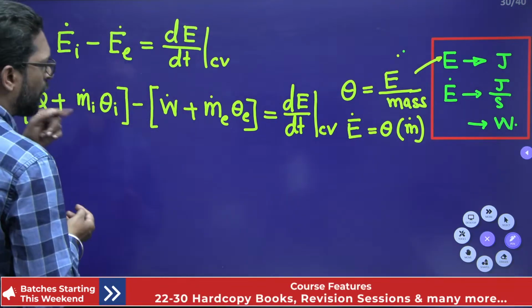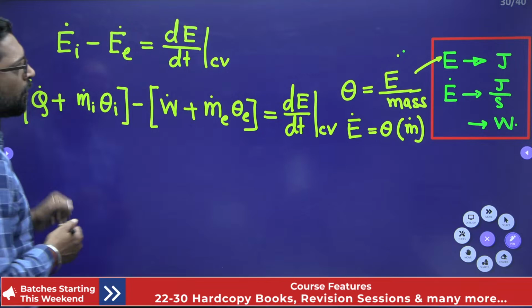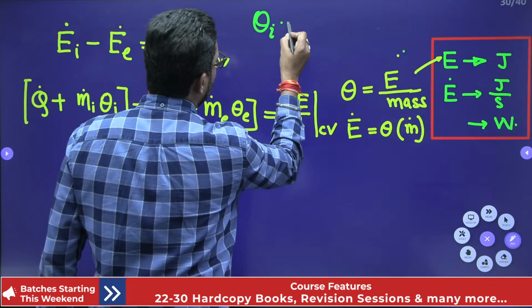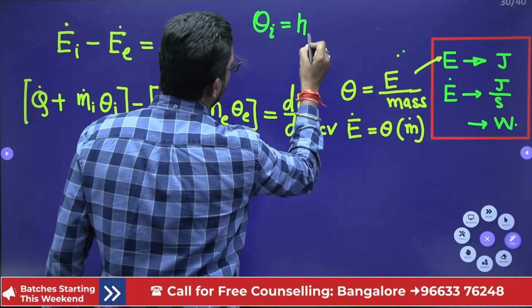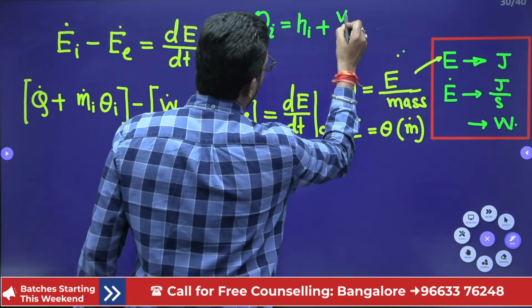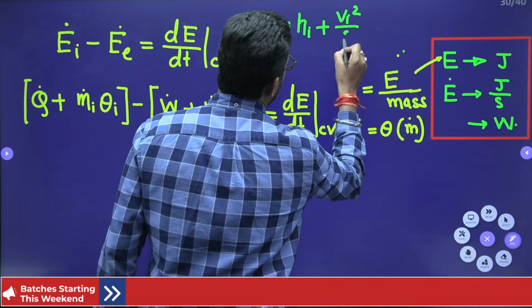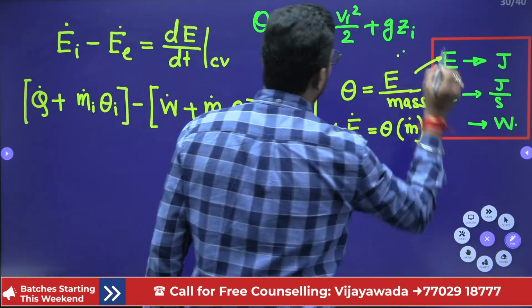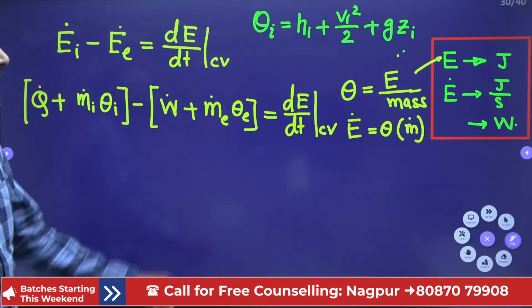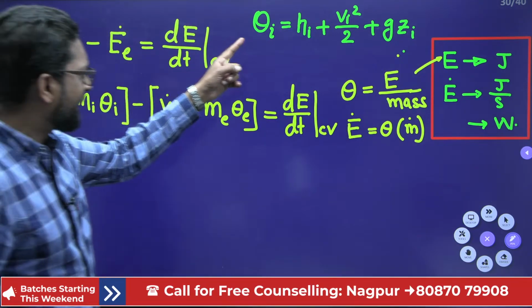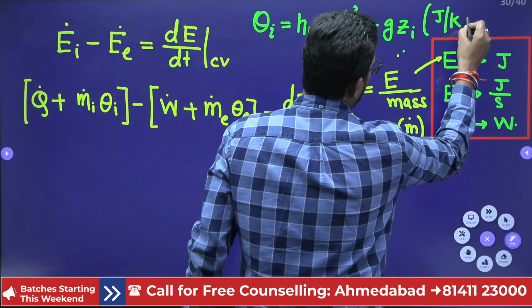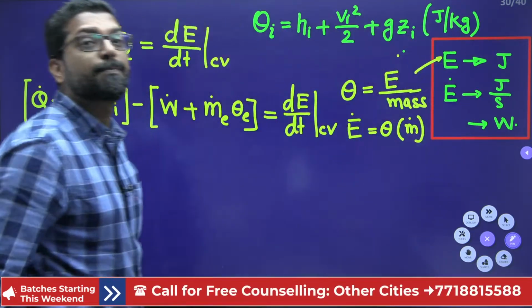Now, what is theta i? Theta i is nothing but Hi plus Vi square by 2 plus gzi. Okay, this is energy in joule per kg, that means a specific energy.